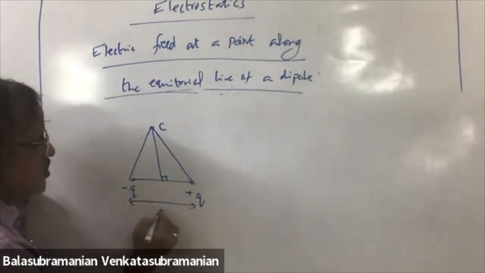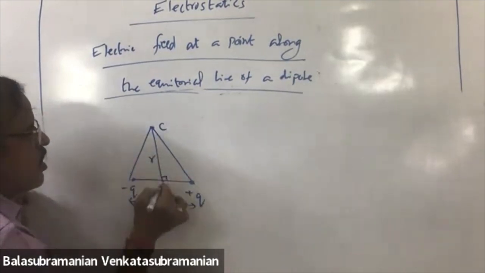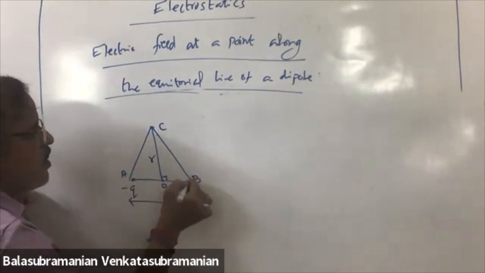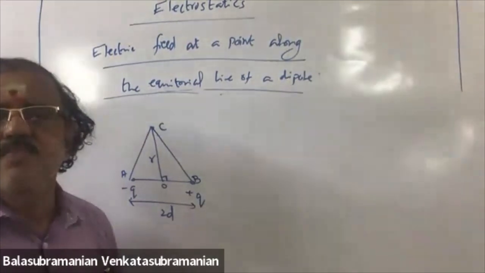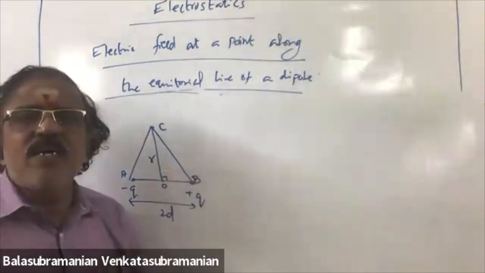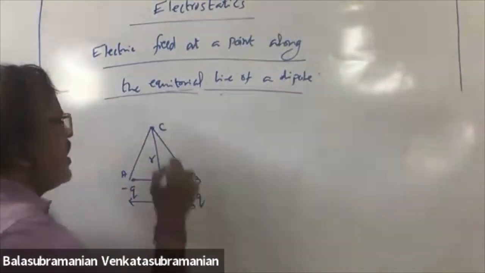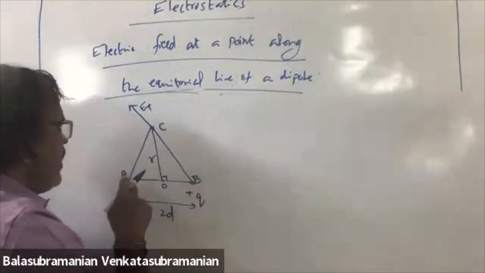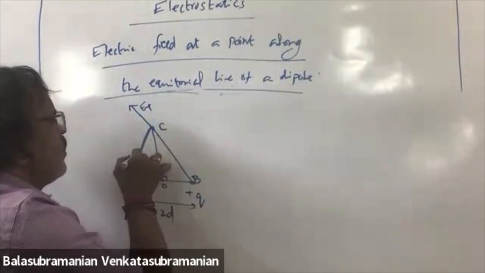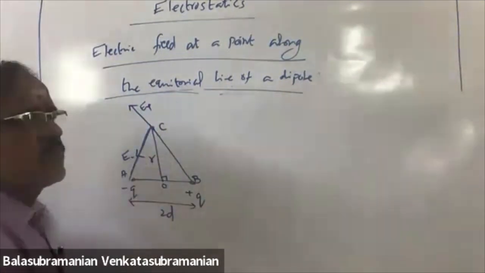This distance is 2D. This is R. AB. From the center to the point C is R. As usual, same discussion. For plus Q, the direction of electric field is away. For minus Q, the direction of electric field is towards.